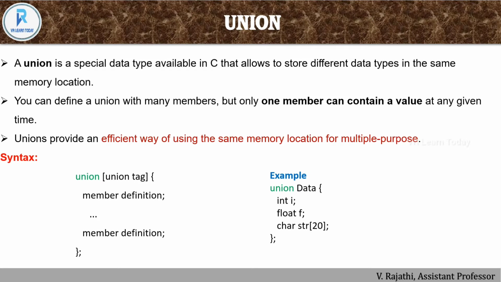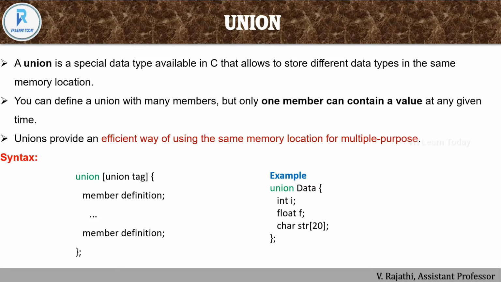In a structure, if I mention int i, it will take 4 bytes, float f will take 4 bytes, and a character takes 1 byte. Here, in a string I am using 20, so totally 20 characters it will take.